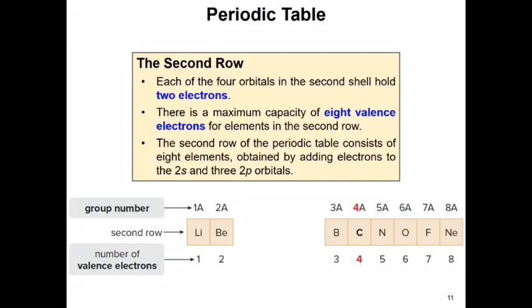Valence electrons, by definition, are the electrons in the outermost S and P subshells that are involved in bonding and chemical reactions. An element's number of valence electrons matches the element's group number. For example, group 1A elements contain 1 valence electron. Group 2 elements have 2 valence electrons, and group 8A elements contain 8 valence electrons.